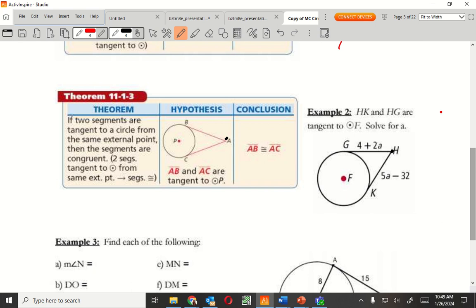Now, vocabulary word. What does congruent mean? Same. The same measure. We use the word congruent instead of equal because it's the same length. It's the same measure. It's exactly the same as saying equals. But in geometry, we use the word congruent a lot because it refers to a measurement. So right here, this is going to be congruent to this segment.